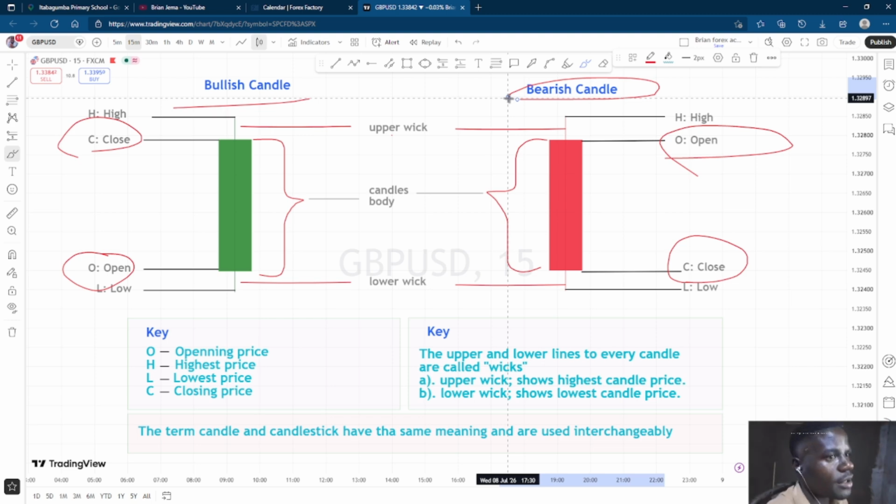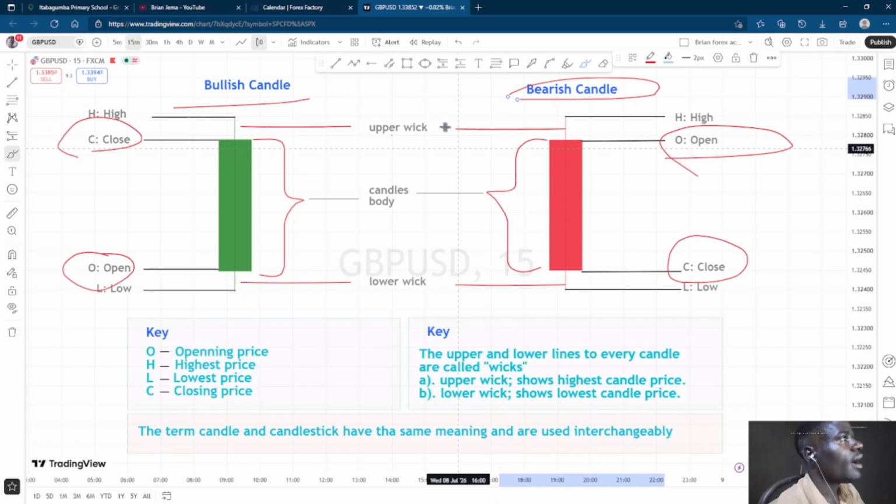For the bullish candle, bulls open the price lower and manage to push the price to the upside, so it is called a bullish candle because the bulls were dominating the market.